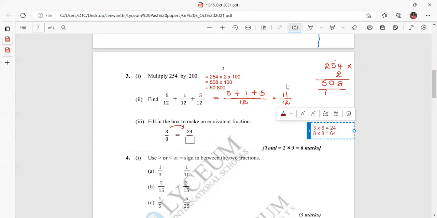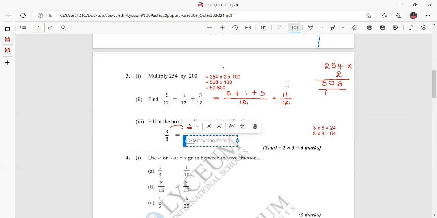How? 3 times 8. So if it is an equivalent fraction, I should do the same treatment to the denominator also. The denominator 8, I should multiply by the same number 8. 8 times 8, it is 64. So then I write the answer here, 64.